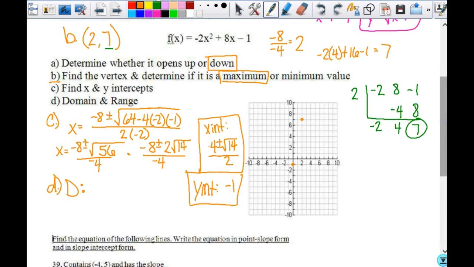If x is 1, then that's going to give me -2 plus 8 is 6, minus 1 is 5, so it's 1, 5, which means it should be here as well. And then it's going to look something like that, but a whole lot better.